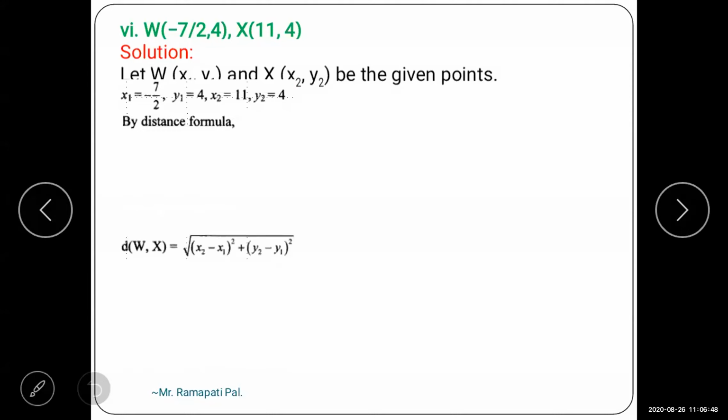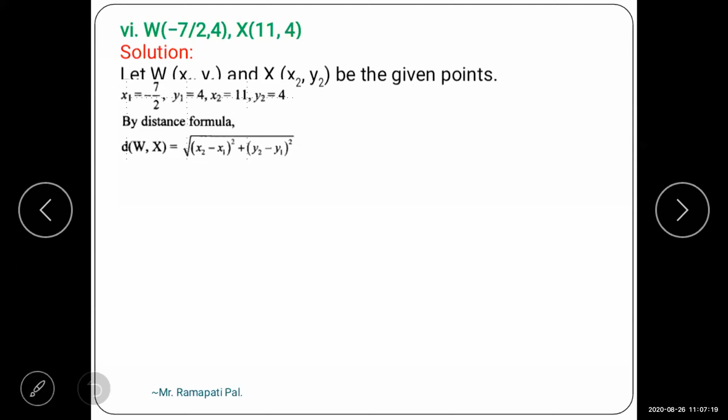By distance formula, distance WX is equal to root x2 minus x1 whole square plus y2 minus y1 square. Now substitute the value. You know what is x2, what is x1, what is y2, and what is y1. Now substitute that value. Is it clear?